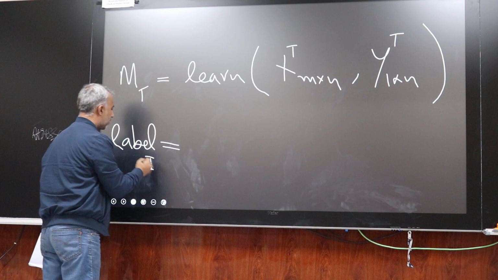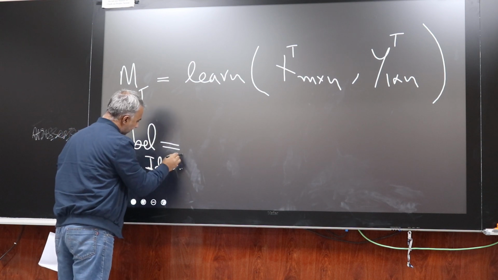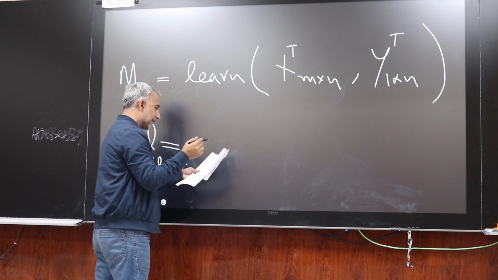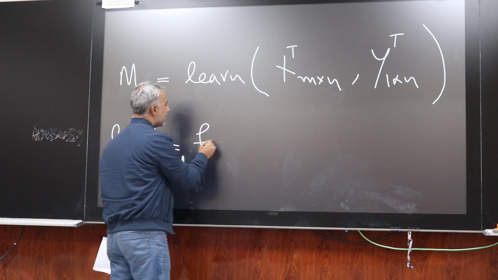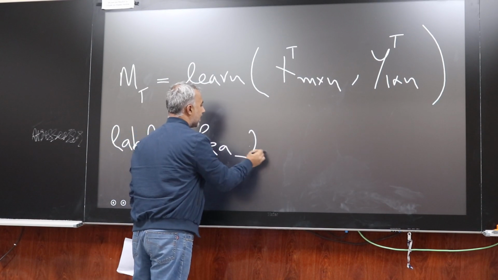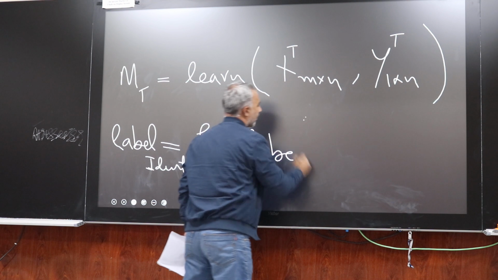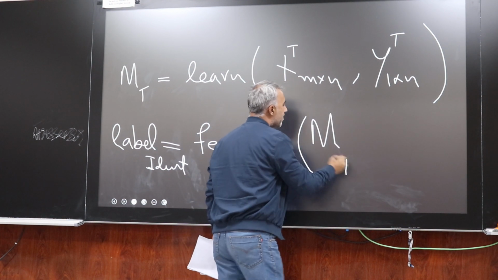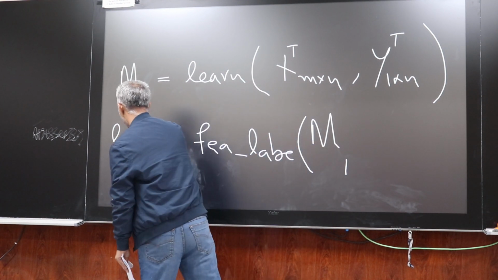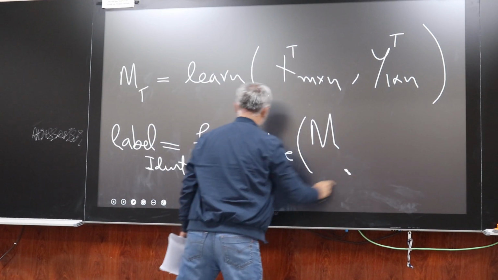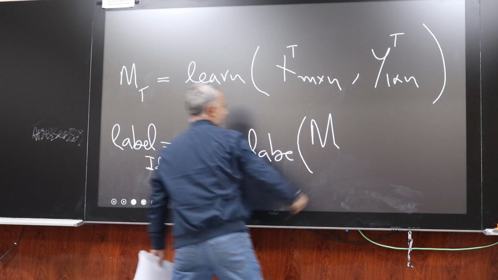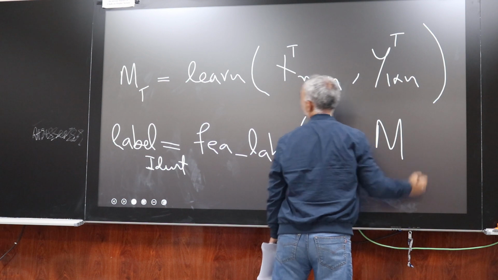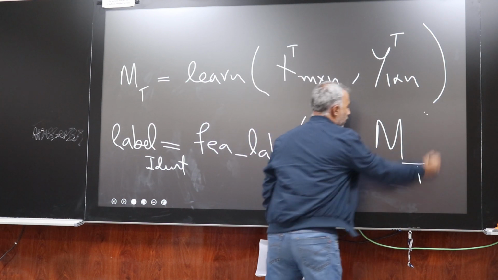Identification. So here you can say the feature labels matching of the M and MT. Now we have two images.